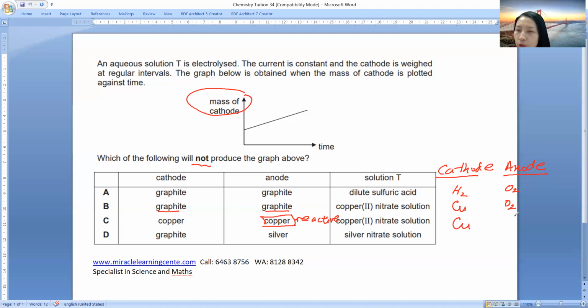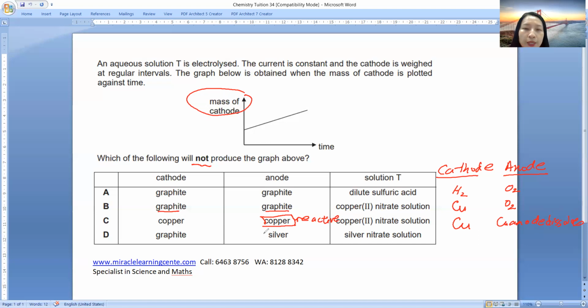But at the anode, copper is not discharged, neither is nitrate, neither is OH minus, because the copper anode will dissolve. Copper is a reactive electrode, hence it dissolves.